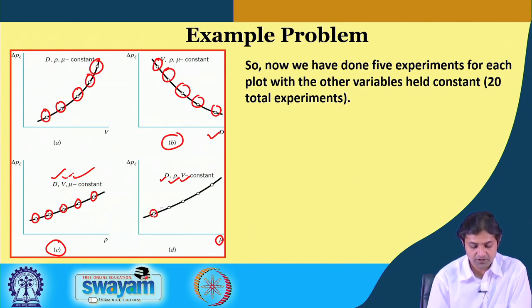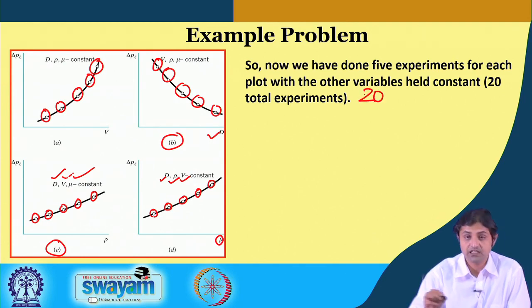And we see again we have got 1, 2, 3, 4 and 5. So, what we see, we have now done 5 experiments for each plot, while the other things were constant, therefore, the total number of experiments done is 20. All right.